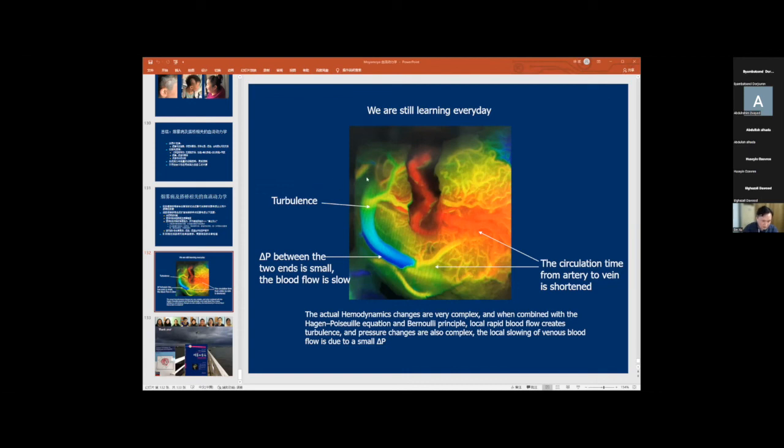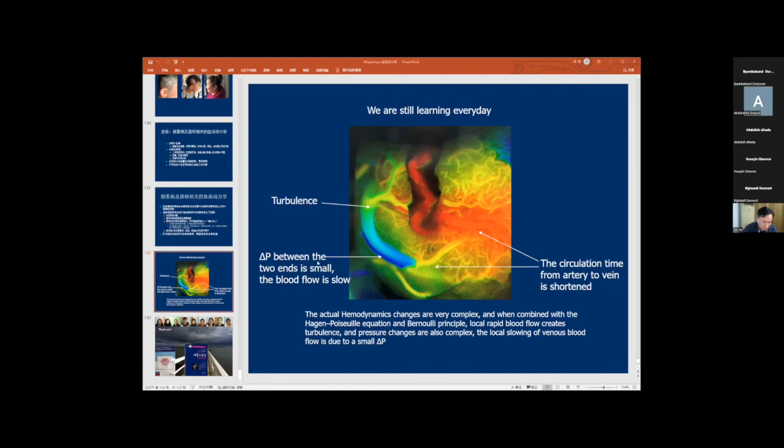This is a vein beside the cortex. You can see the turbulence in the vein, on both sides, and actually in this segment the blood flow was almost stopped, because at the two ends of this segment the pressure is almost balanced.